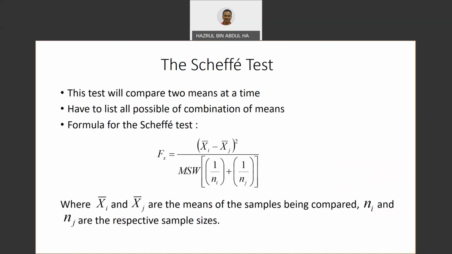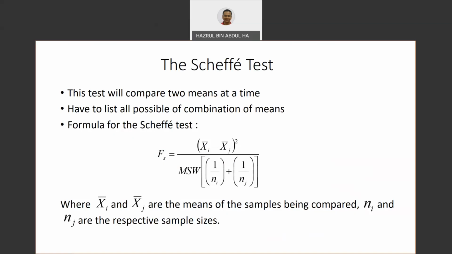You have to list all possible combinations: first compare the mean between group 1 and group 2, then group 2 and group 3, and then group 1 and group 3. So this is what the statement means: you have to list all possible combinations of means.